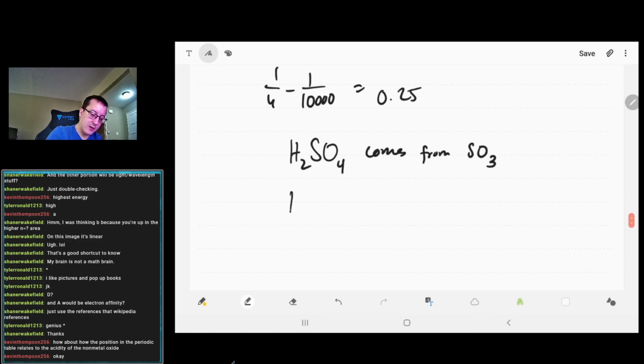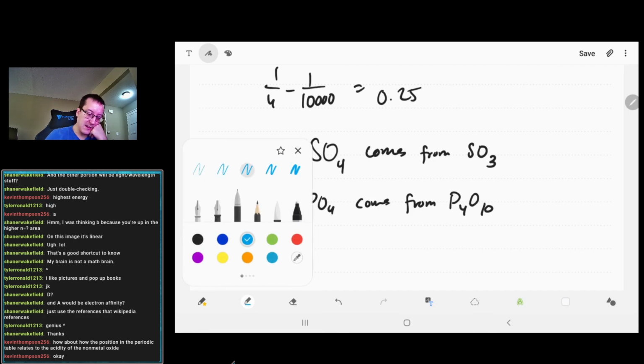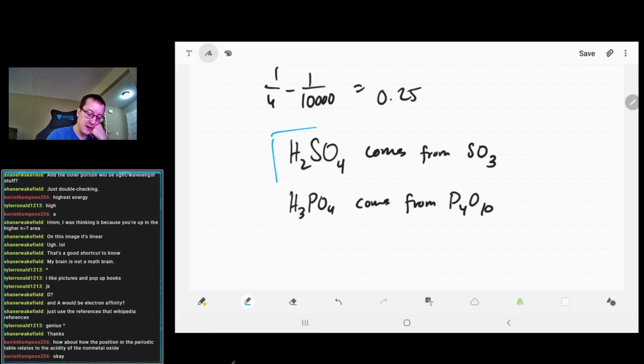And for example, you also have phosphoric acid that comes from this particular oxide. Actually, it's better to write it this way. Usually it occurs as a dimer. And we're going to see, chemically speaking, this one is going to be more acidic than the phosphoric acid.